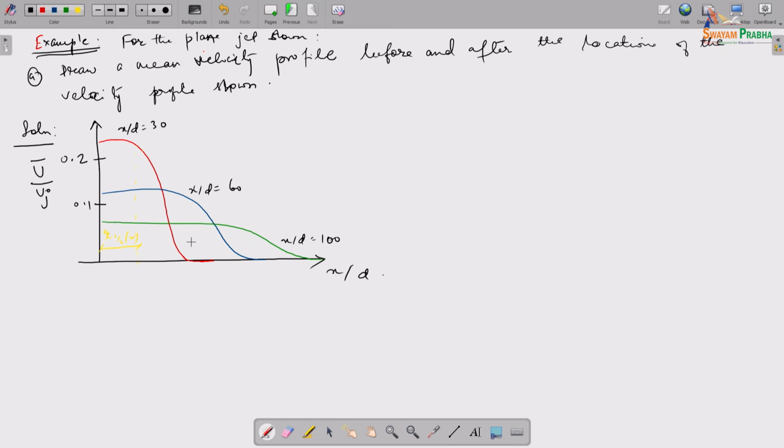Now u naught, which is the center line velocity. These are the inferences we get.